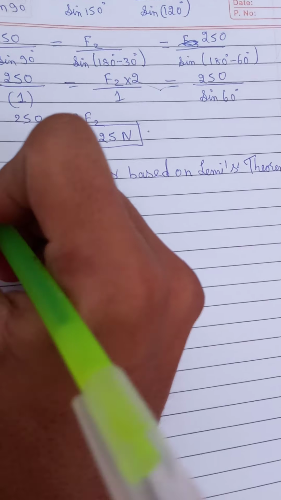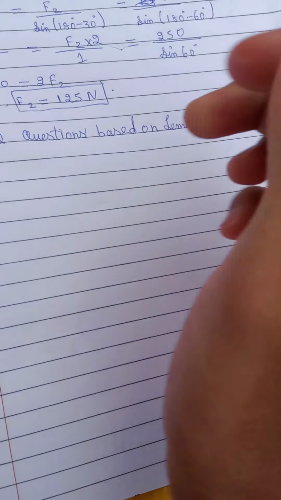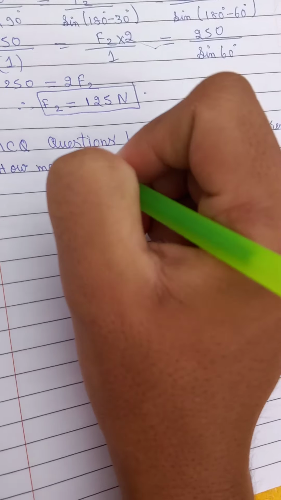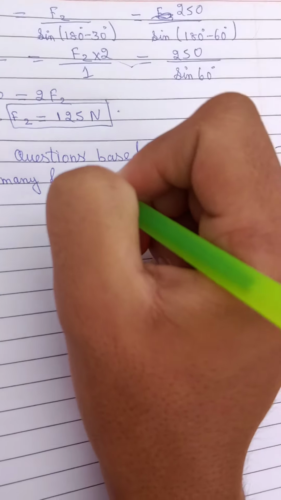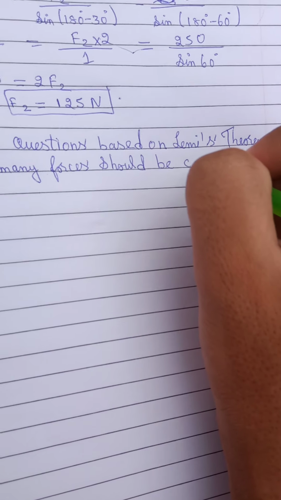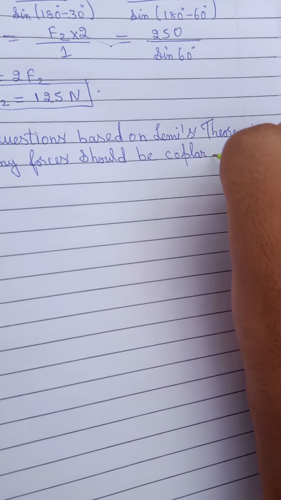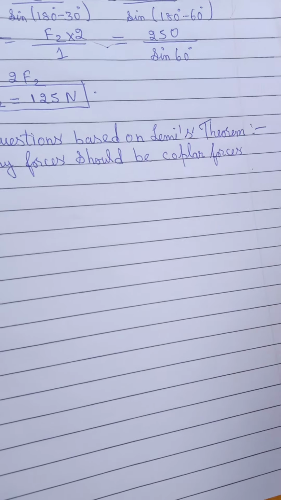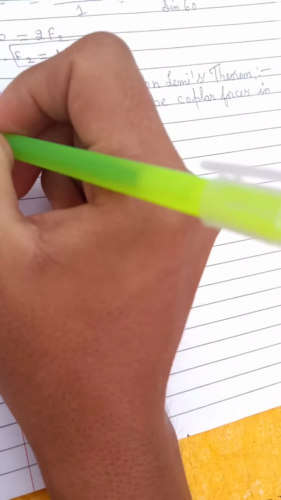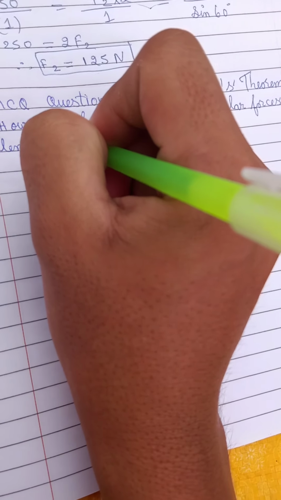So the first question is: how many forces should be coplanar in Lami's theorem?